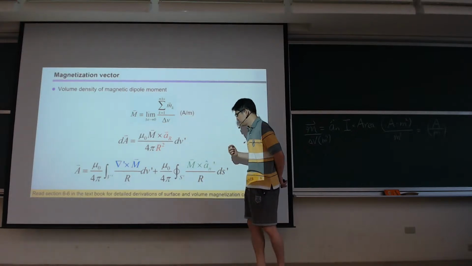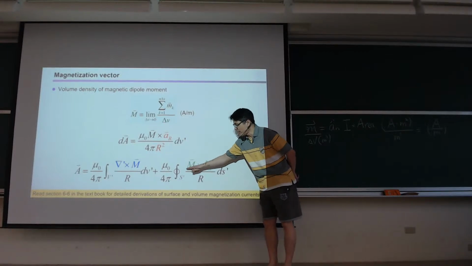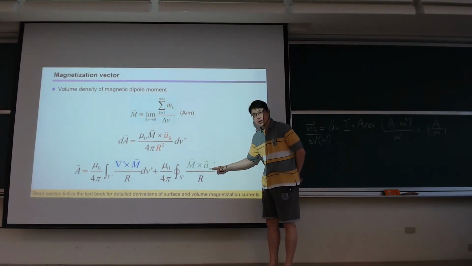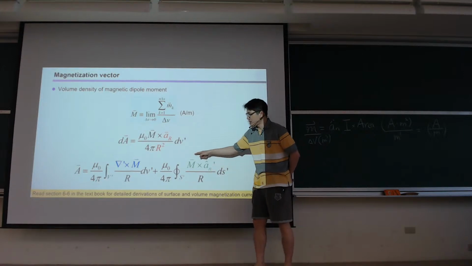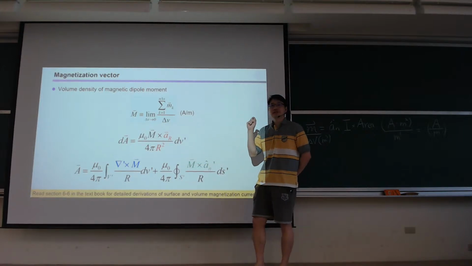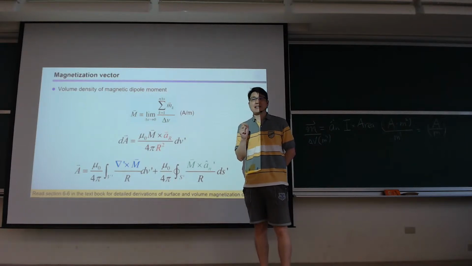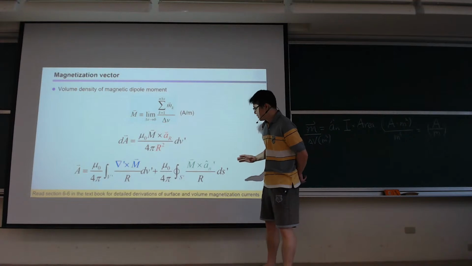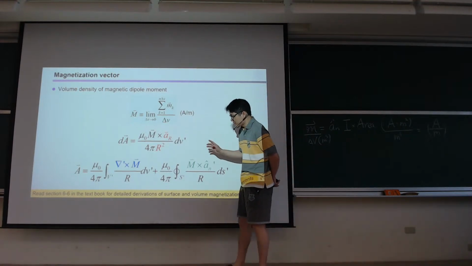On the other hand, a non-zero M making a cross product with the surface normal is called the surface magnetization current. So the classification is very simple.